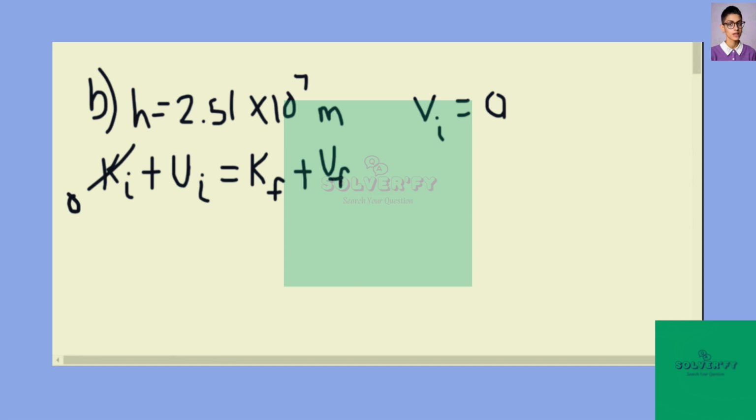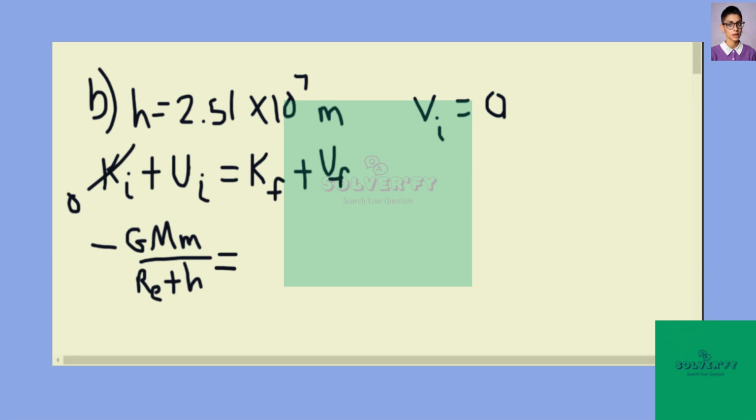The initial potential energy is GM over R, but this is R_E plus h. It's negative, by the way.